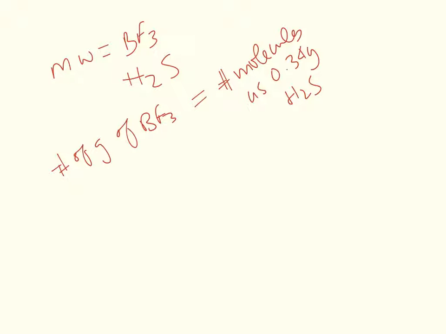So the first thing that we want to do is calculate the molecular weights of BF3 and H2S. This one is pretty simple to do because I'm not going to actually do the calculation, but using your periodic table, you would take boron and fluorine, and actually calculate the molecular weight of those, as well as hydrogen and sulfur, so hydrogen sulfide there.